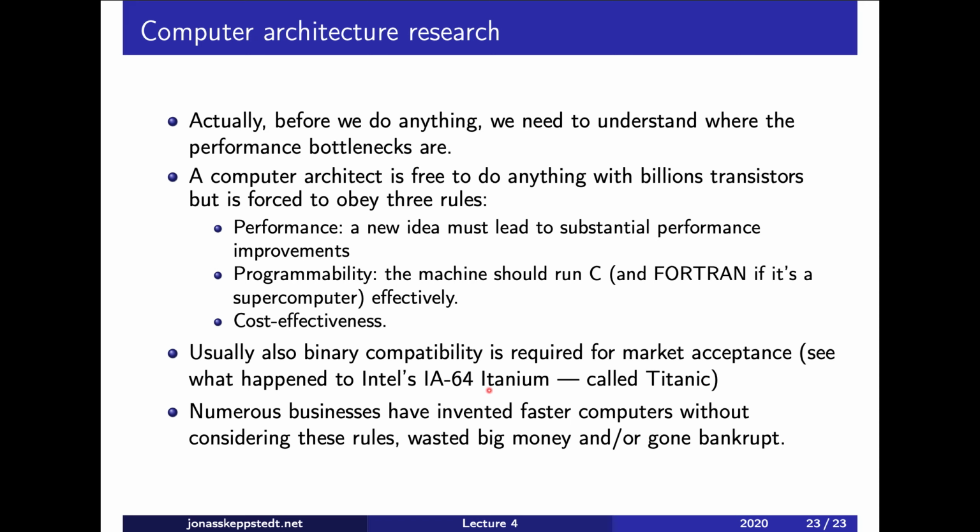But it required new software, new compilers, many new things, and it didn't work out sufficiently fast. Okay, so what they broke were actually three things. Performance, it was not good enough. Programmability, the compilers were not sufficiently mature for this. And it was not cost effective, as they had no mass market as in x86.